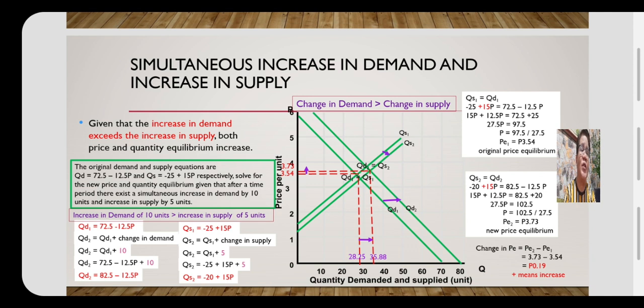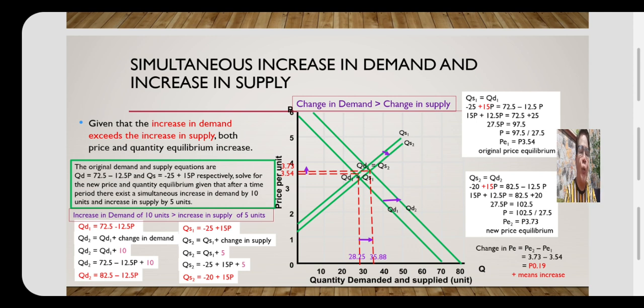That's the rule of transposition. We have to change the sign as the value is being transposed from one equality side to another equality side.